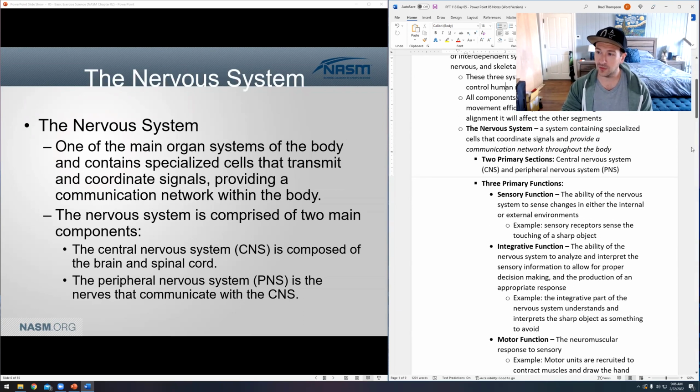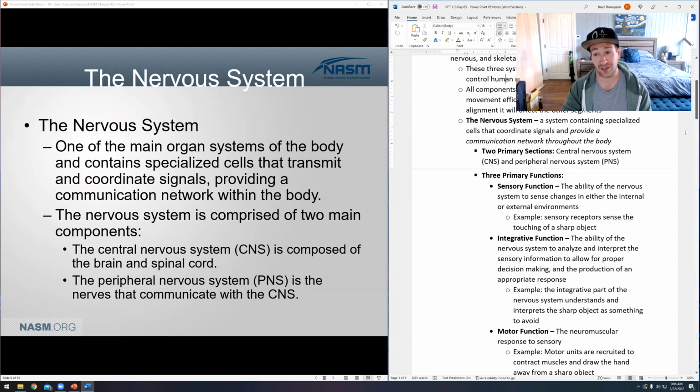So let's go ahead and quickly review our nervous system. I say quickly, but obviously I just took like 20 minutes to talk about ankle impingement. Let's take a look at the nervous system, right? This is a specialized system containing all kinds of really cool cells called neurons that are, and this is NASM's definition, providing a communication network throughout the body.